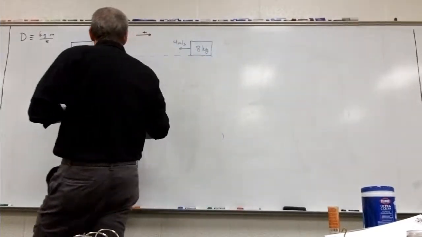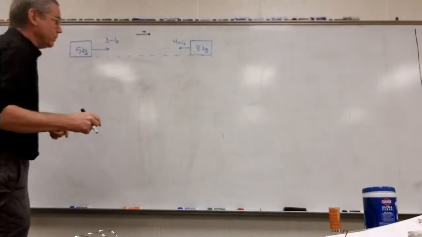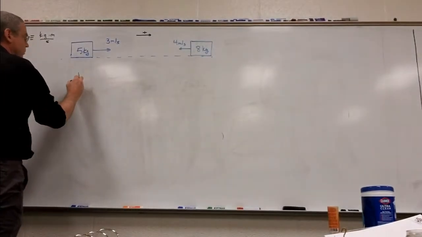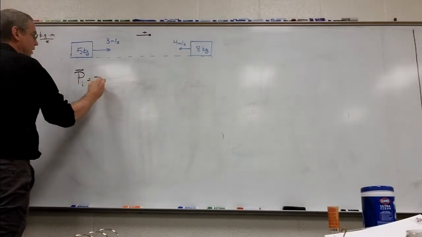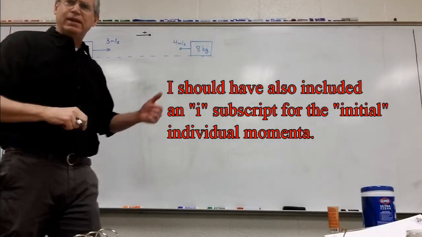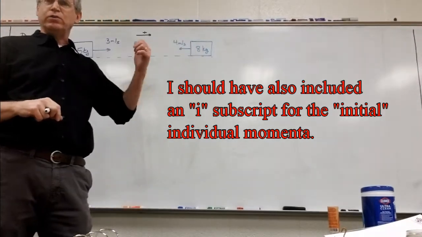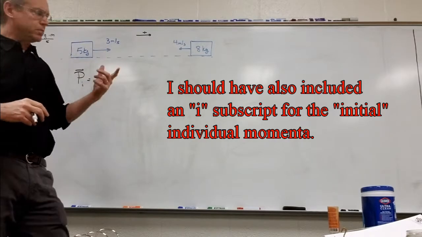And so the first thing we need to know is what is the total momentum beforehand? This is the capital P from a couple of videos ago. So the initial momentum is equal to the momentum of the 5 kilogram mass, and I'm just going to put a little subscript 5 here to indicate the 5 kilogram mass. You could also put a 1 because it's the first one, or a 2, just as long as the subscripts are different.